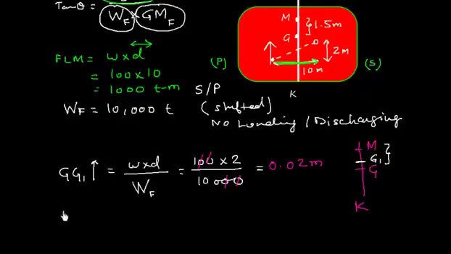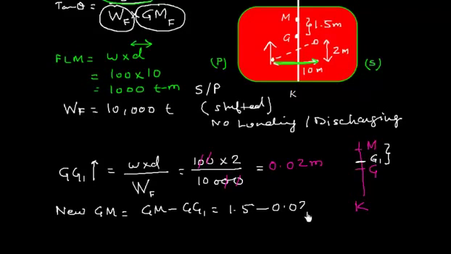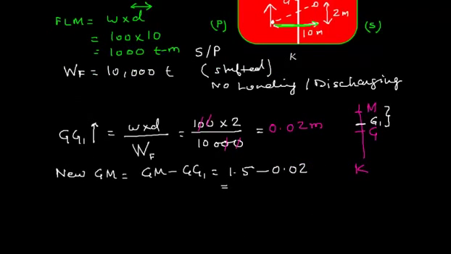So the new GM will be the old GM minus GG1. So it is going to be 1.5 minus 0.02, which is 1.48 meter.